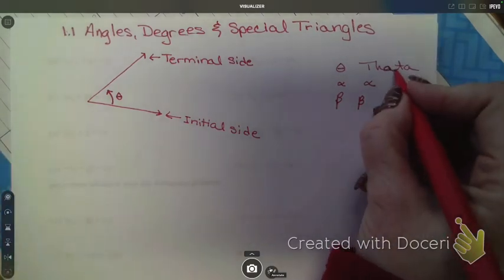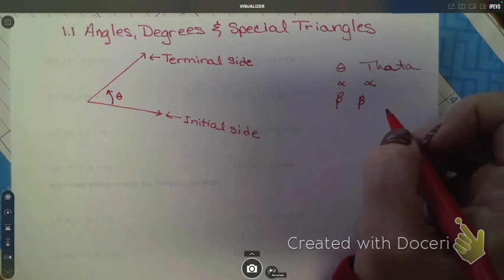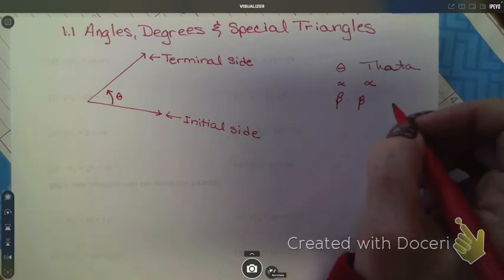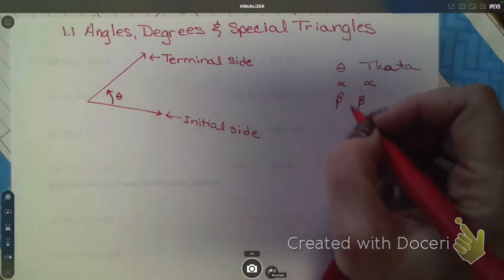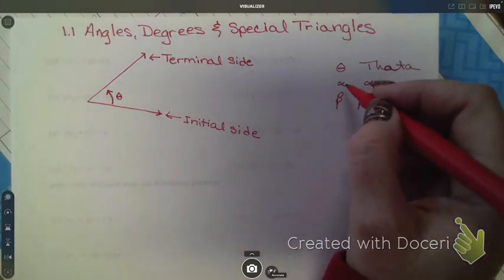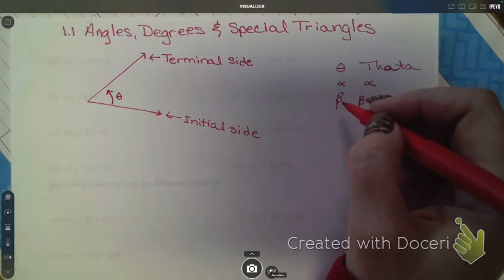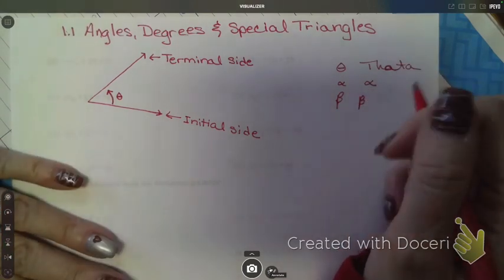Cursive. The second one's alpha? Yes. And then beta? Beta. Yep. Alpha is A. Beta is B. Is the B just a B with an A? Yes.